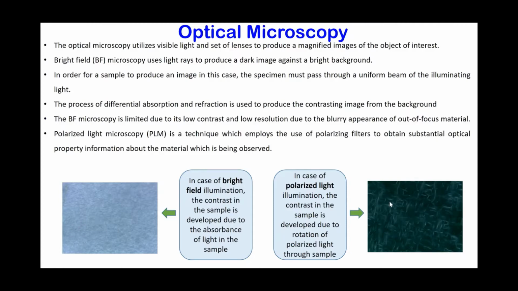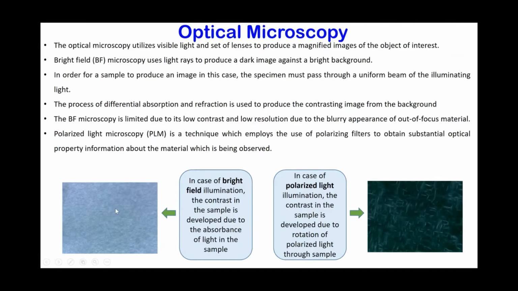So, if you can see, in the case of bright field illumination, as represented in the figure at left, there is a substantial white background over which the object appears darker.